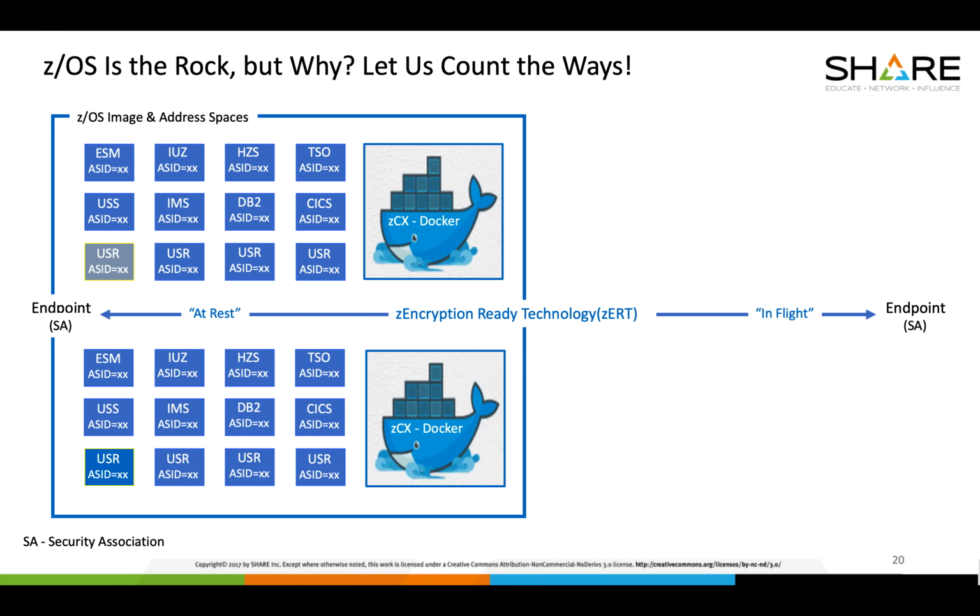The way in which this is typically broken down is that while we are in a state that exists inside the address space, inside the LPAR itself, we are looking at data essentially at rest.